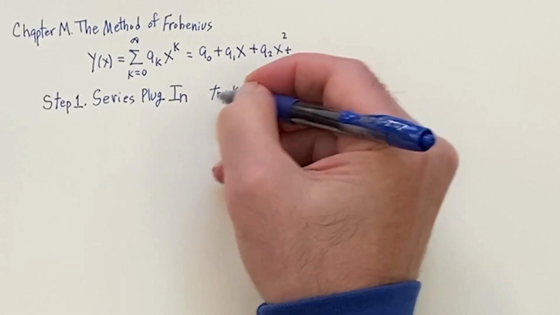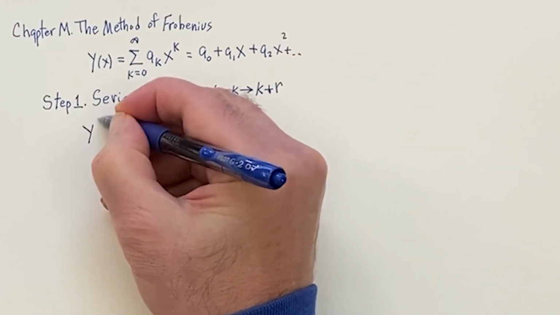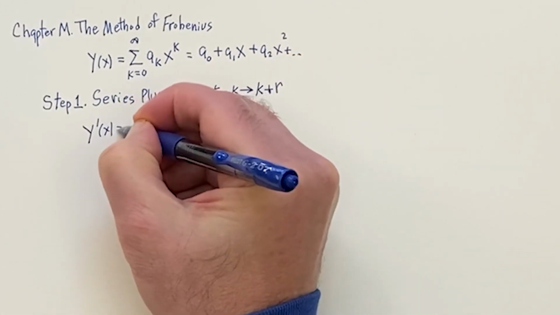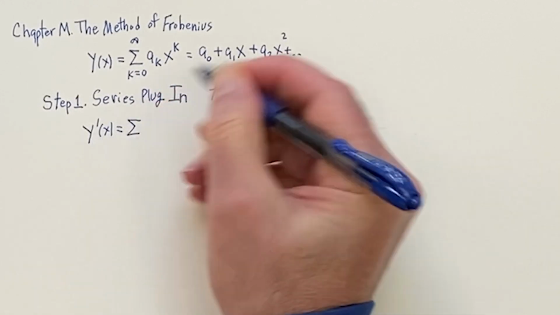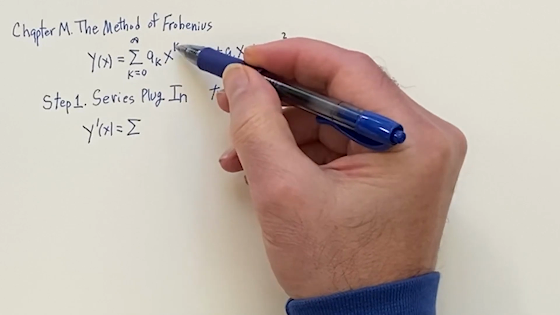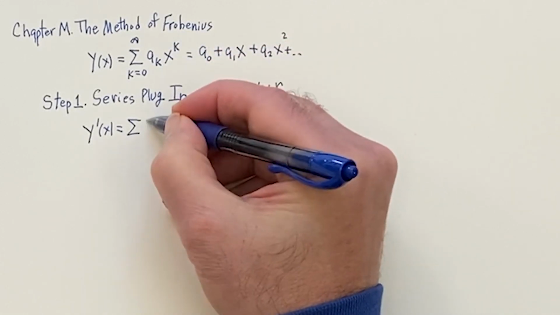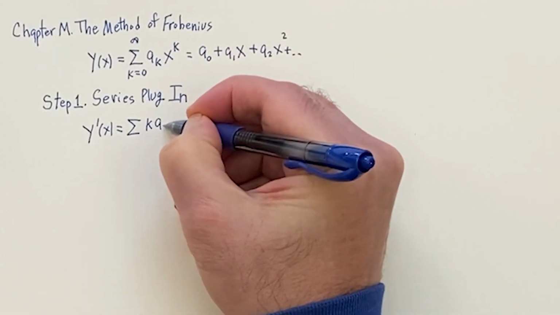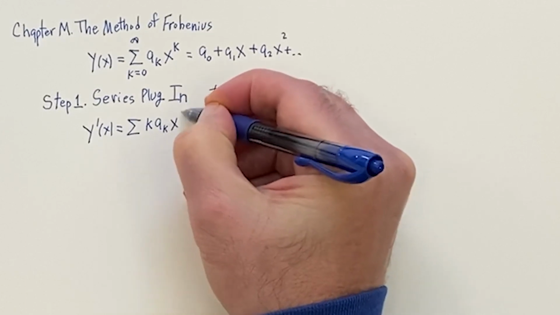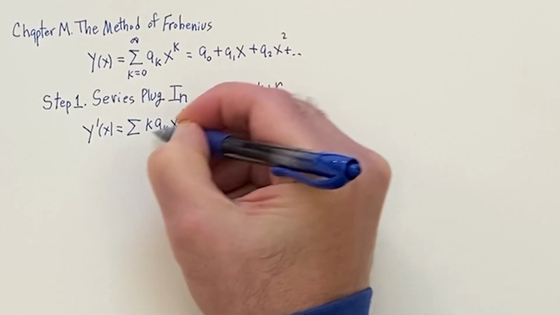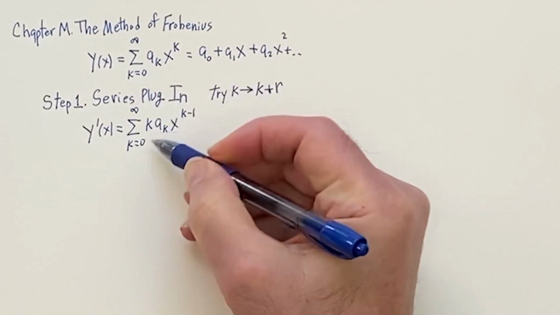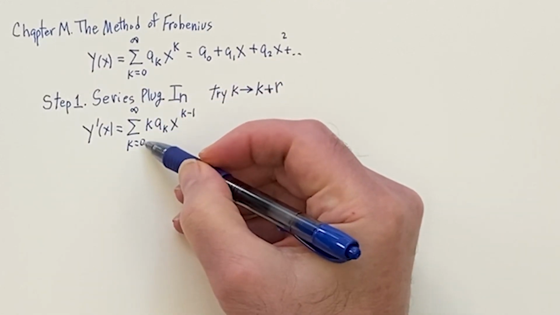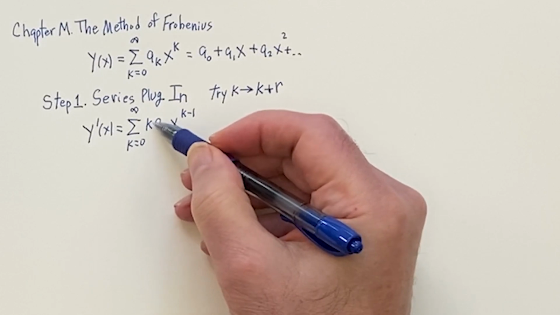So when you plug your equation in, you're going to have a first derivative. So the first derivative here, if we take the derivative here, we're going to pull down a k and then have a k minus 1 as the exponent. And notice I can leave the k equals 0, because when k equals 0, that k is 0 and I get nothing.